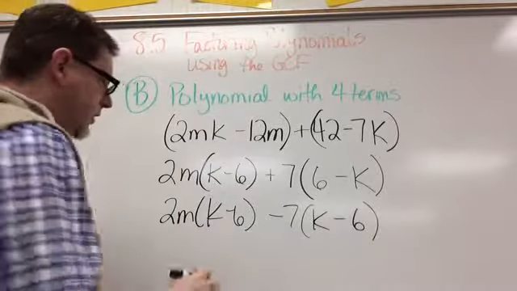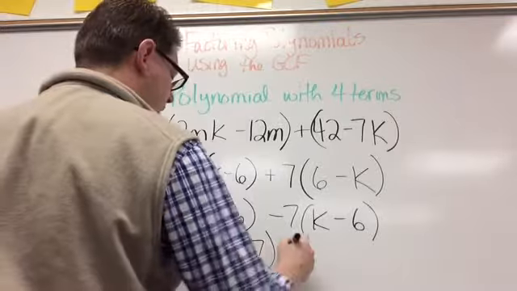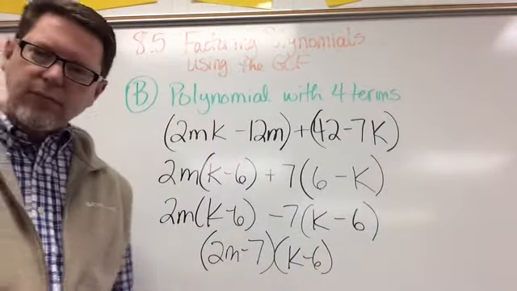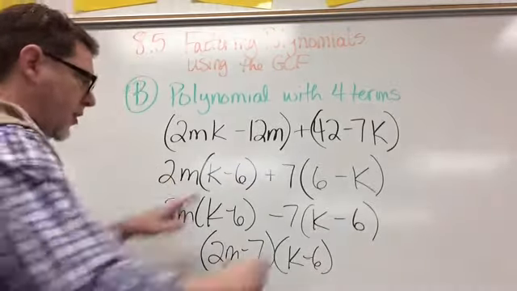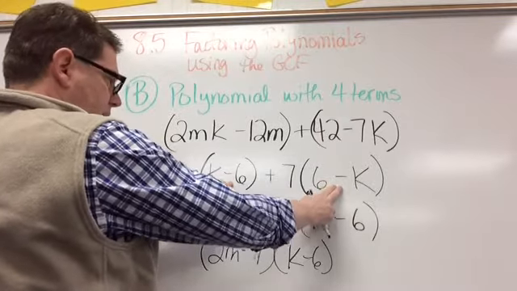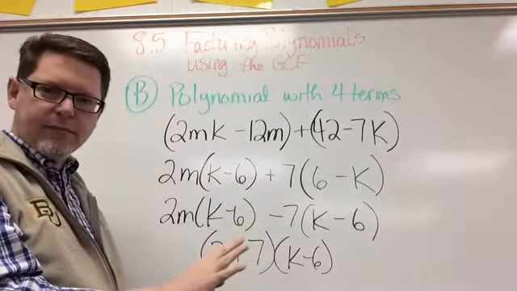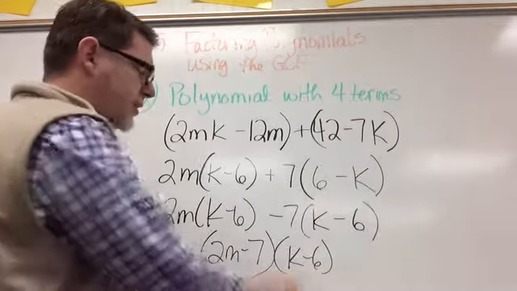Put it together, and I have 2m minus 7 times the quantity of k minus 6. You won't see these very often, but you need to be prepared for them when you do. When these two are not exactly the same, I've got to multiply one of them by -1 so that they become the same. And then just keep going, and my final answer is 2m minus 7 times the quantity of k minus 6.